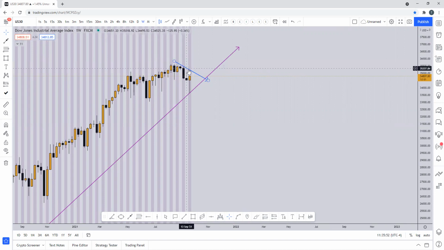However, when I draw this line, I utilize this candle right here, because it gives me added confirmation because the wick doesn't come here, but it still hits this line. So this is the line that I would personally use if I was going to mark this up for the weekly.